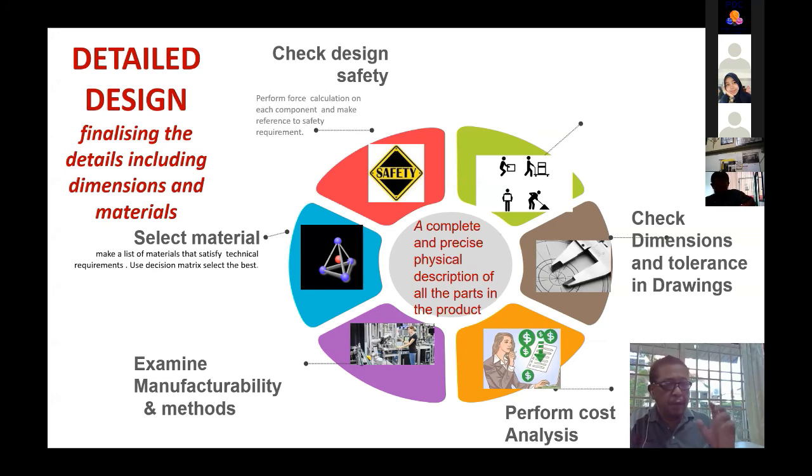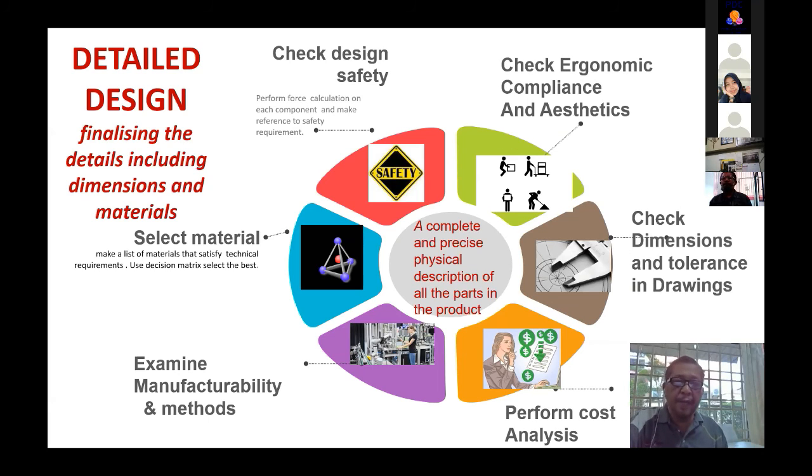Do we need to be very precise? That's always the question. Do we need to be very precise, or do we have a certain range within which it can work? What are the GD&T we are talking about? So this is the criteria in the design. Fourthly, we look at the design itself in terms of ergonomic compliance.